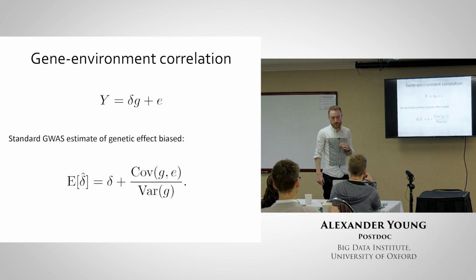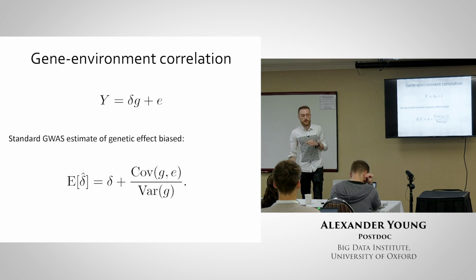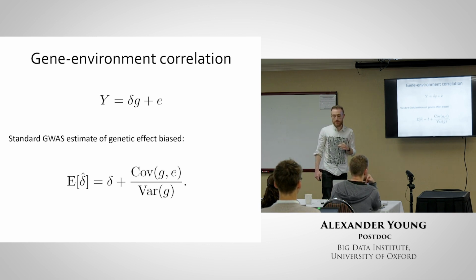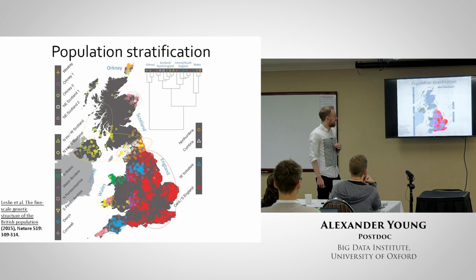And there are two main sources, I would say, of gene-environment correlation, although they're perhaps not completely distinct. They're perhaps the same thing at different scales. But the type of gene-environment correlation that people have worried about traditionally in genome-wide association studies is broad-scale population stratification.